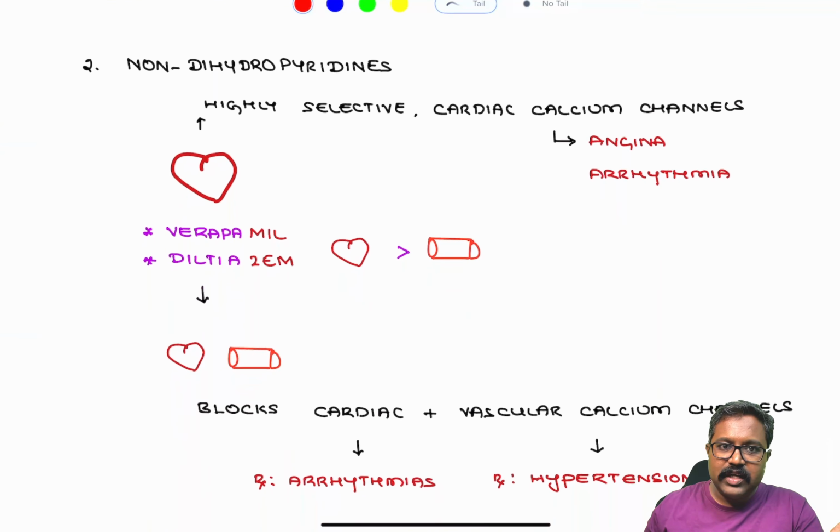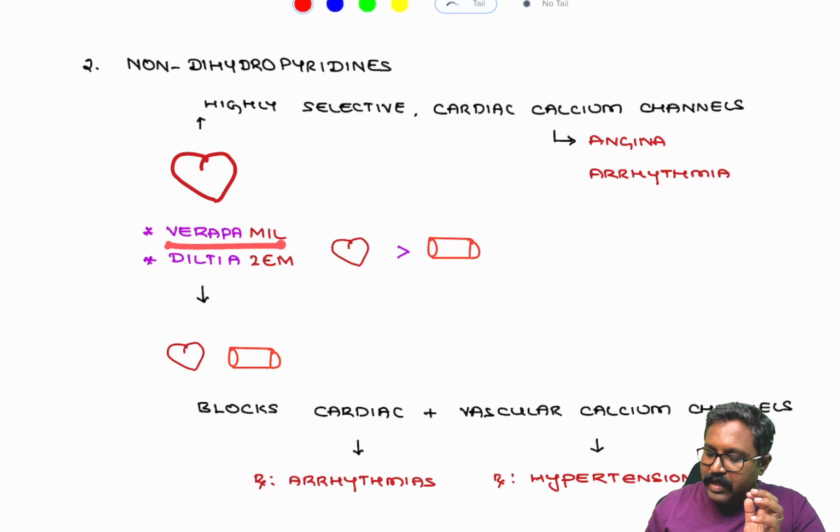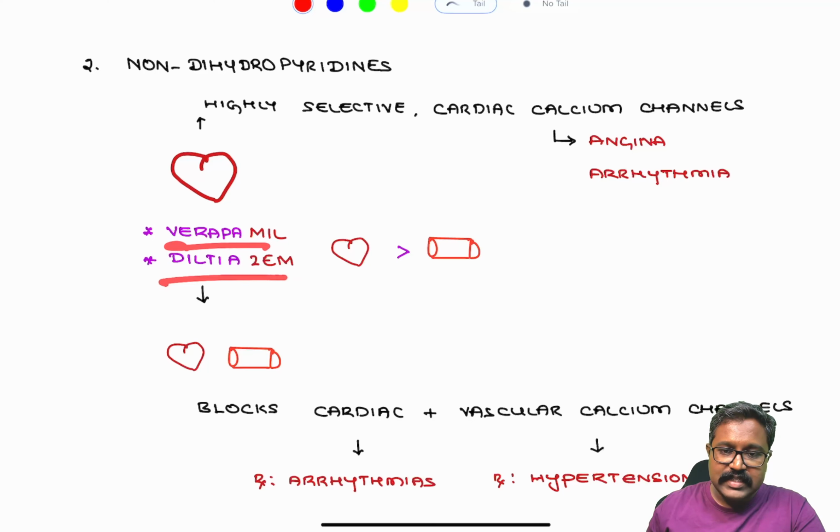Next, coming to the non-dihydropyridines. This is also very important. Among non-dihydropyridines you need to remember two drugs. One is verapamil and the second one is diltiazem. Both drugs act on the cardiac muscles as well as the vascular smooth muscles.